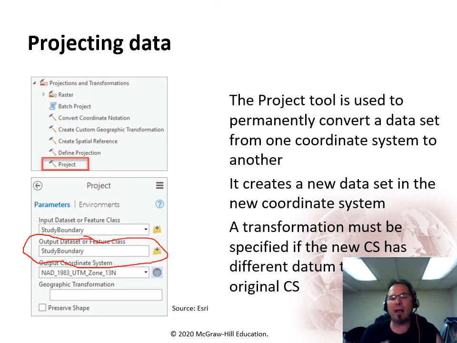You're taking an input and you get a brand new output with the new coordinate system. That's vastly different from the next tool I'm going to show you. So just remember that the project tool gives you a new output, and it's used to go from lat and lon, or a three-dimensional coordinate system, to 2D. It is also used to reproject from one two-dimensional coordinate system to another, which is often referred to as reprojecting.